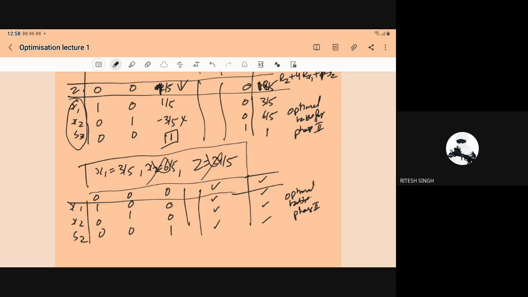For that purpose only we add R1 and R2, and as we get the initial basic variable, then we drop the artificial variables. Clear?